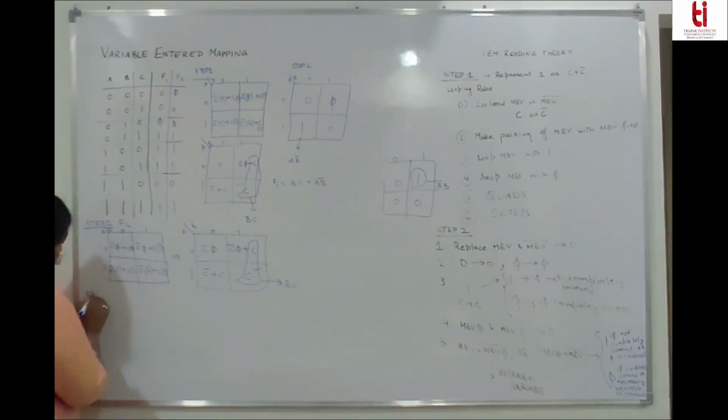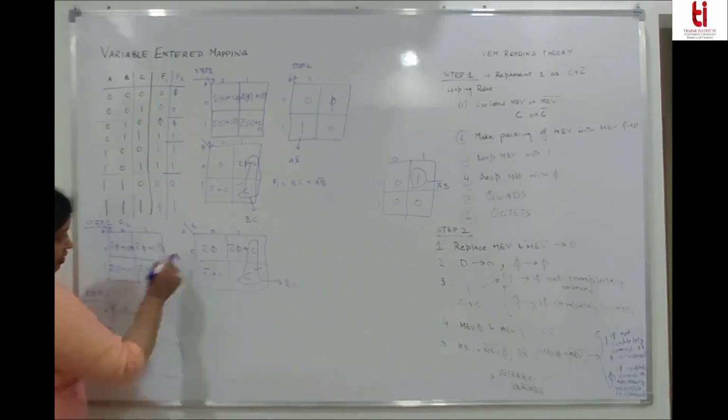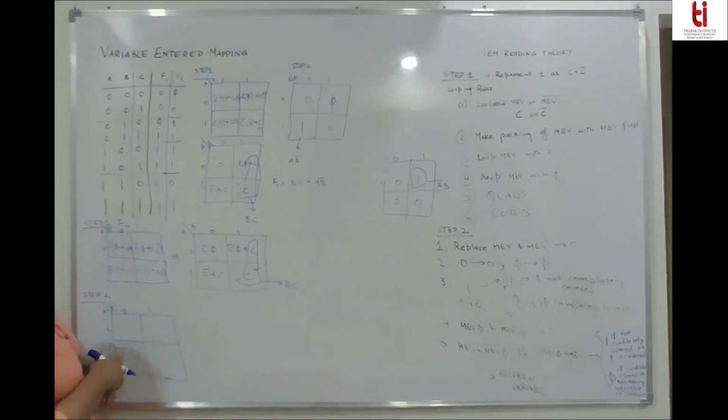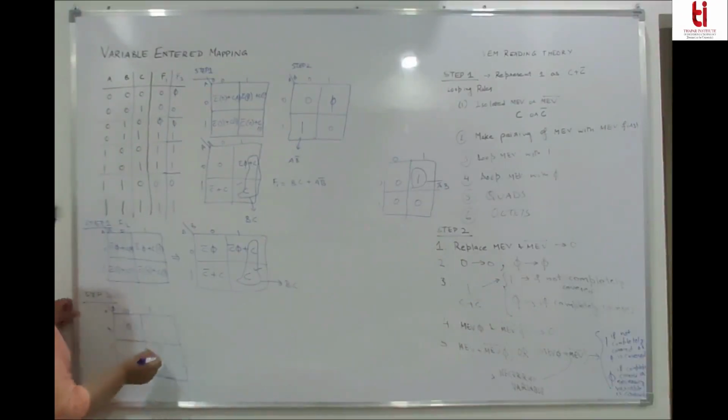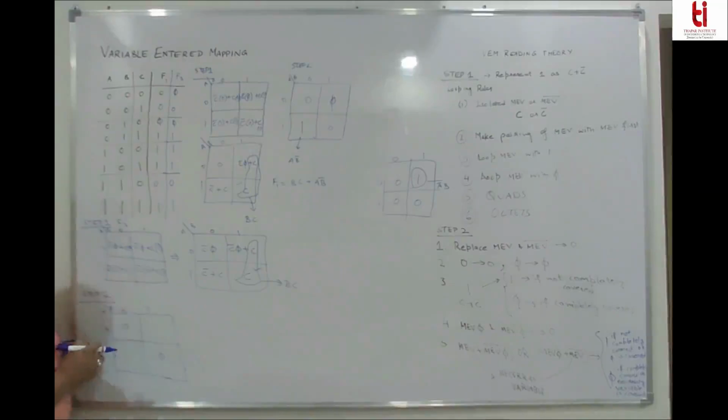Step 2. C bar 5, so MEV 5 is replaced by 0. MEV is also replaced by 0. This is not covered, so it is replaced by 1.